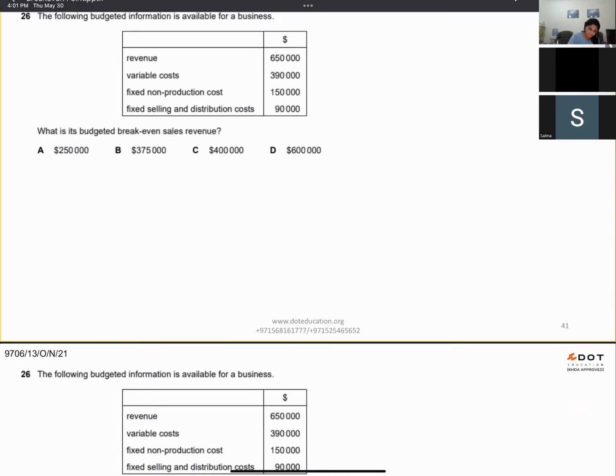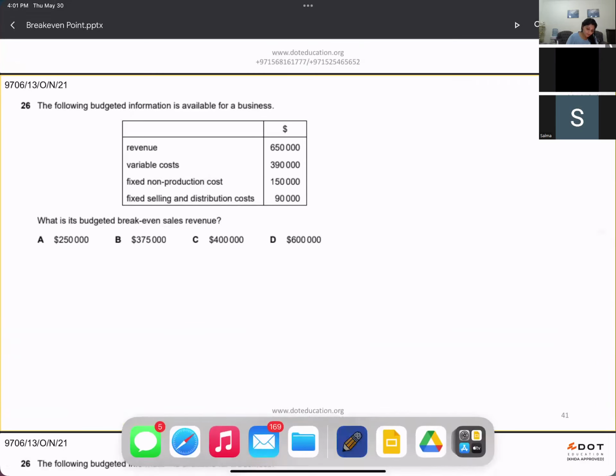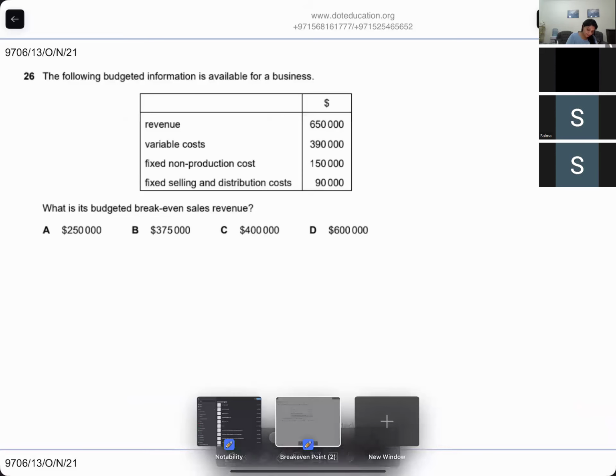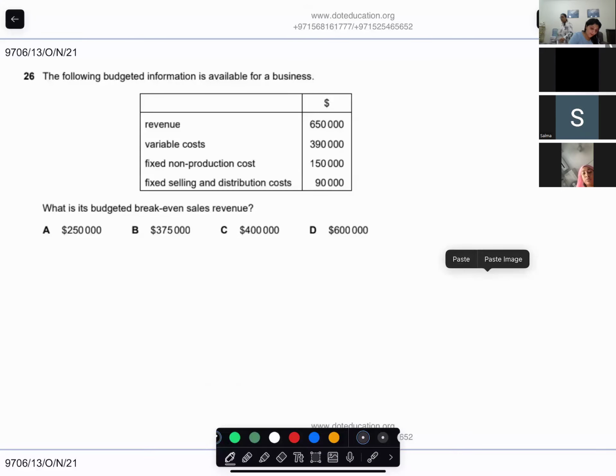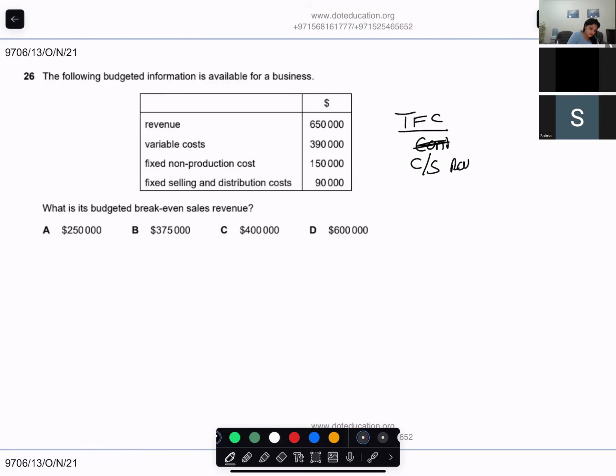The total fixed cost is 150,000 plus 90,000, which sums up to 240,000. And the CS ratio is 260,000 divided by 650,000 into 100, which is 40%.